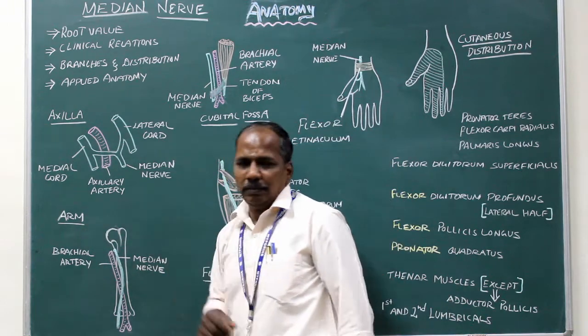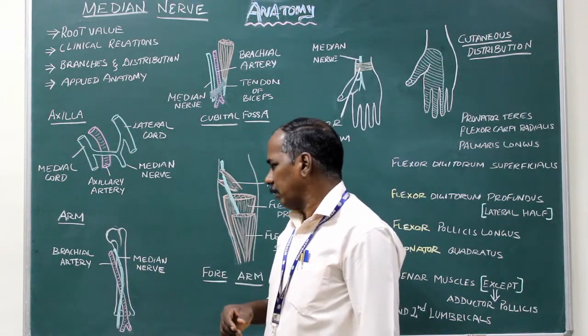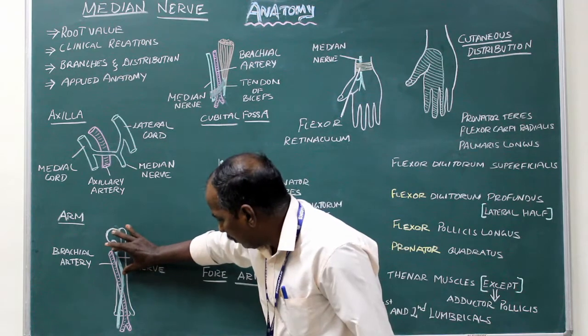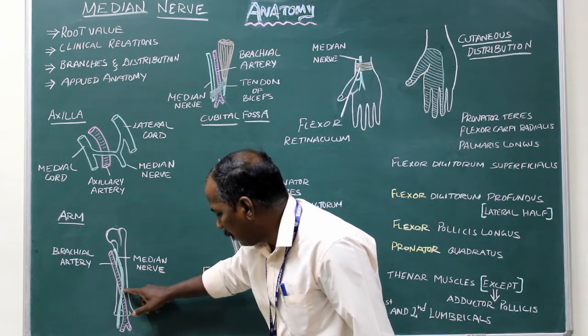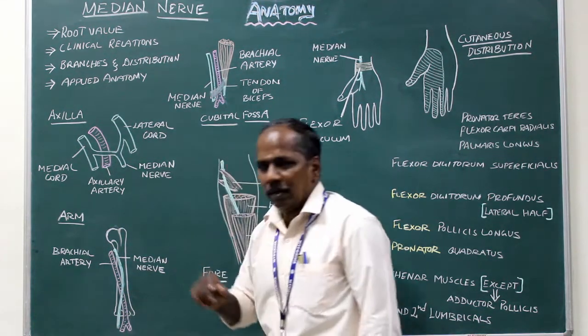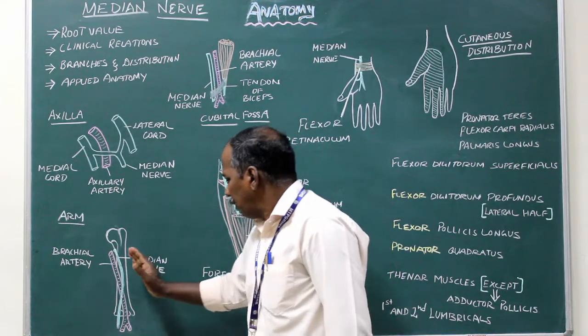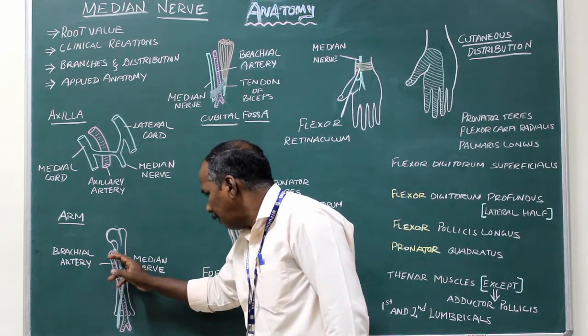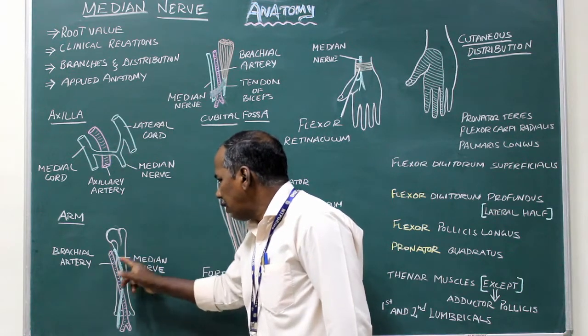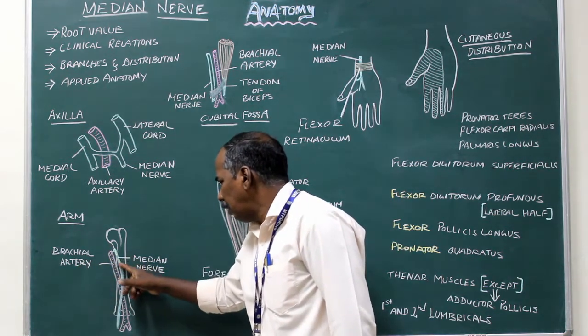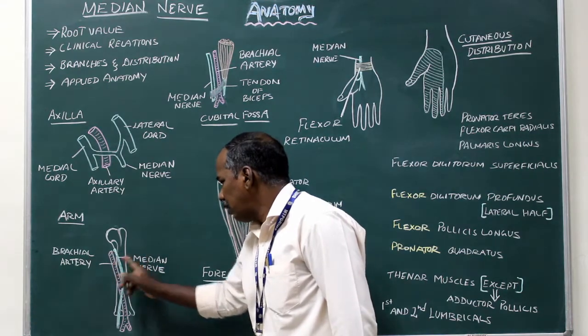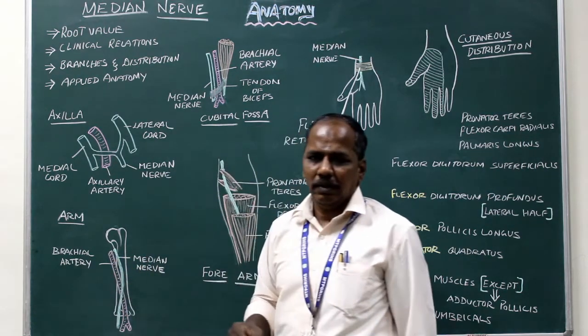In the arm, see, upper part of the arm, at the insertion of coracobrachialis, lower part of the arm. In the upper part of the arm, the nerve lies lateral to the brachial artery.